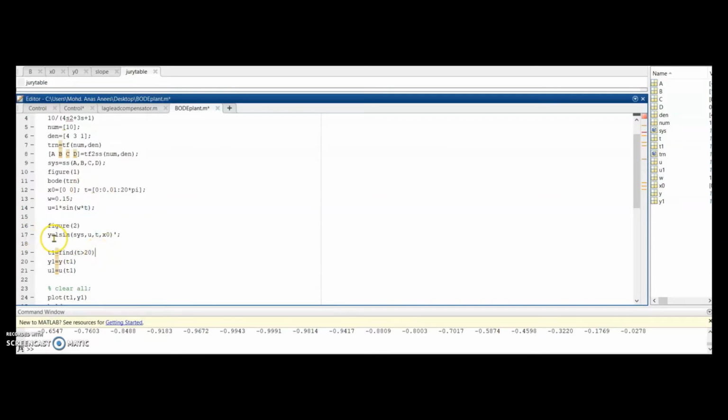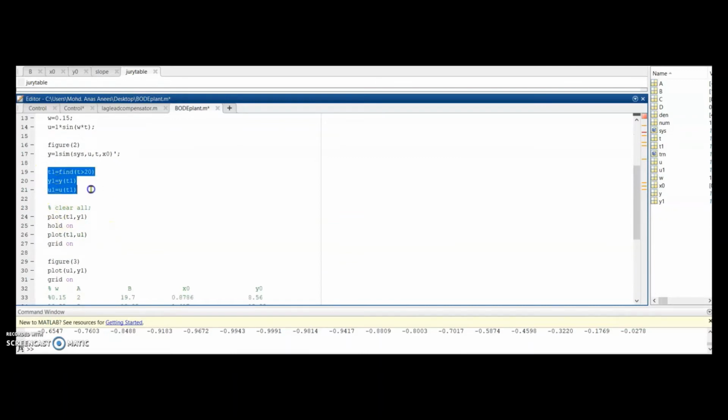Okay, so now we are in figure 2. We want to plot the output. So y is equal to the LSIM command used for system sys, input u, time t, and x0 as the initial conditions. Now this is something which we are skipping right now.